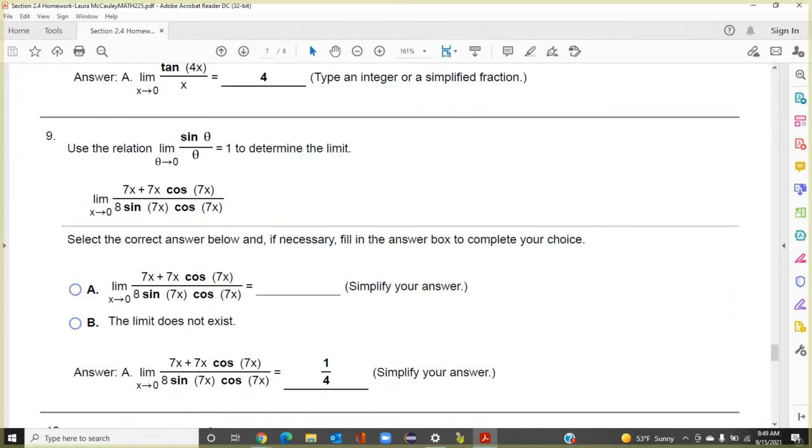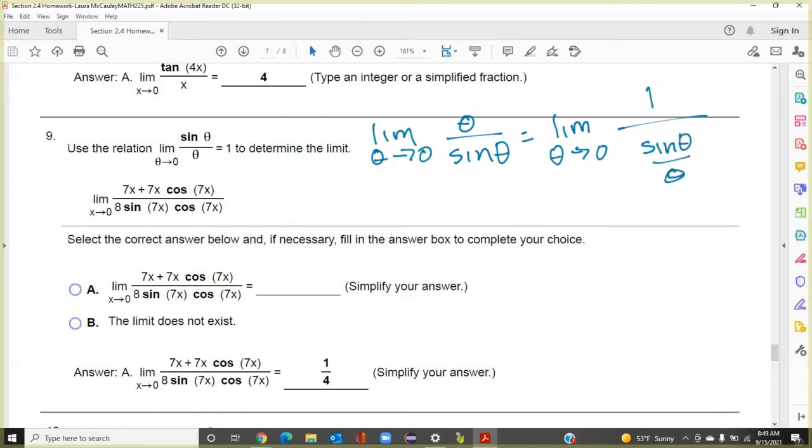over theta is equal to 1. Notice then if you were finding the limit as theta approaches 0 of theta over sine theta, so let's say it was reversed, this is the same thing as the limit as theta approaches 0 of 1 over sine theta over theta.